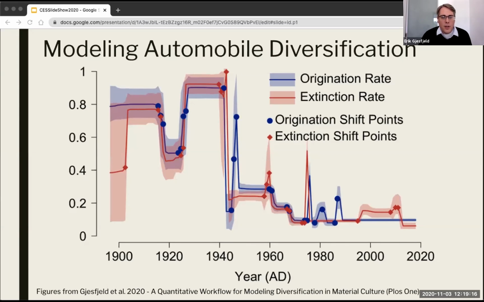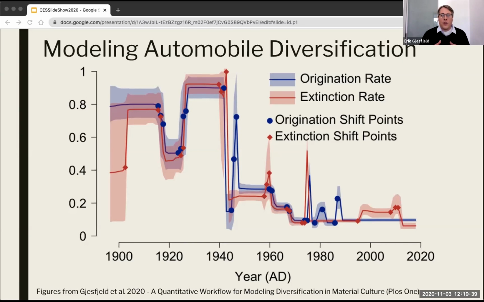Then we see some other dynamic processes, such as evidence of the oil crisis in the late 1970s or early 1980s. And we also see the rise towards the end of the 2000s and into the 2010s of this decline in diversity and the loss of car models, where we see the extinction rate higher than the origination rate.